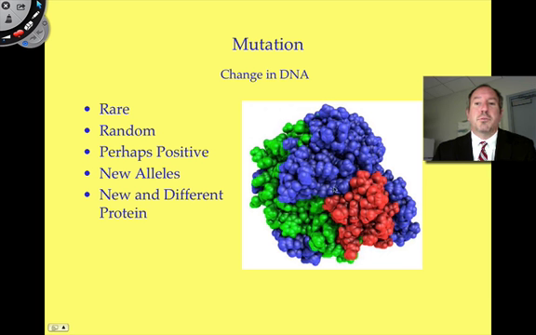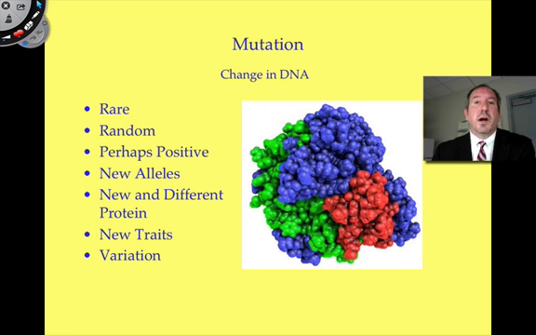This is a picture of a protein, could be an enzyme, for example. When you change the DNA, you're going to ultimately change the amino acid sequence, and therefore that's going to affect its three-dimensional shape, and you're going to get a new protein. And then the new protein manifests in a phenotypic new trait. This is how variation comes into being in a population.